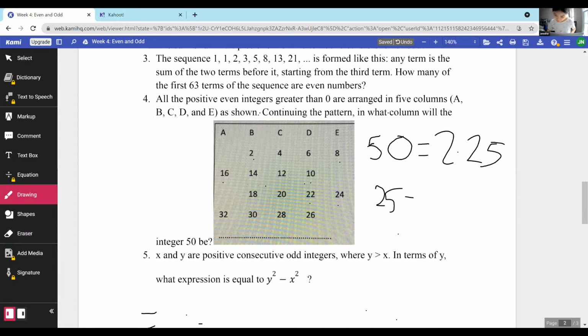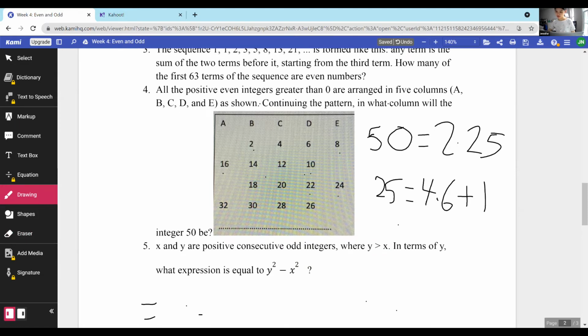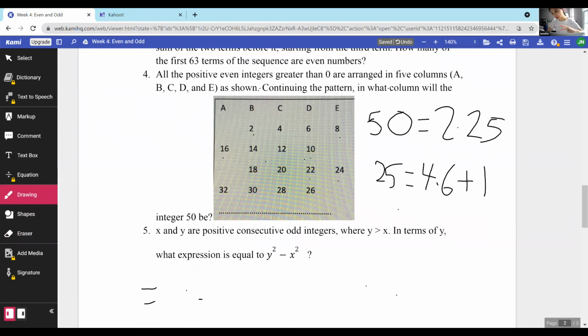And then you could actually notice 25 is 4 times 6 plus 1, which means that before the 25th term, there are 6 rows of terms. And the 6th row will be an even row, counting this way.